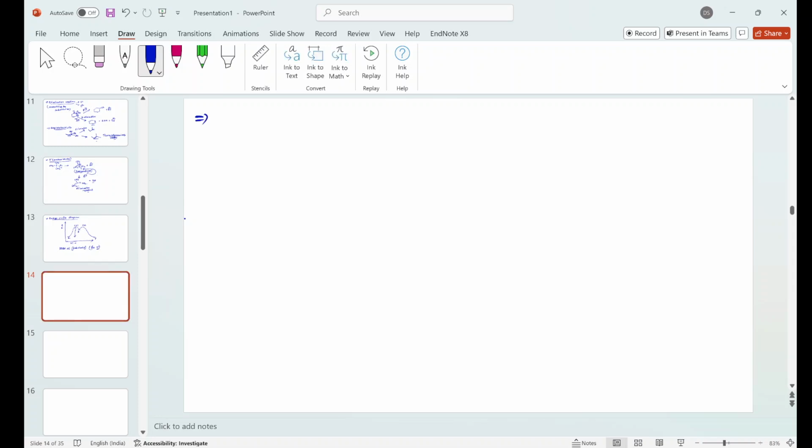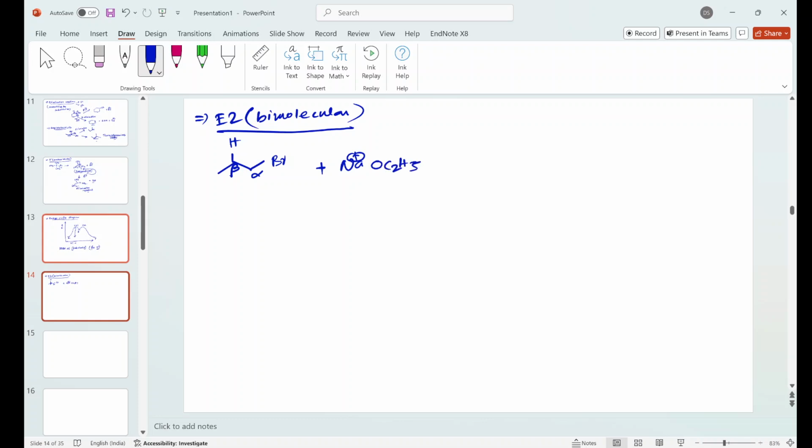What is the case for E2? From the name only you would have understood that this will be similar to SN2. Leaving group, alpha, beta hydrogen. Then you have the nucleophile. The nucleophile will abstract the hydrogen directly.